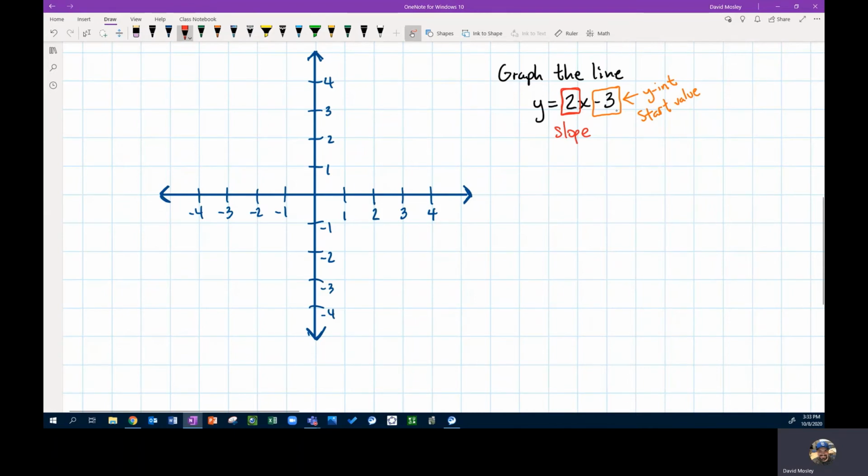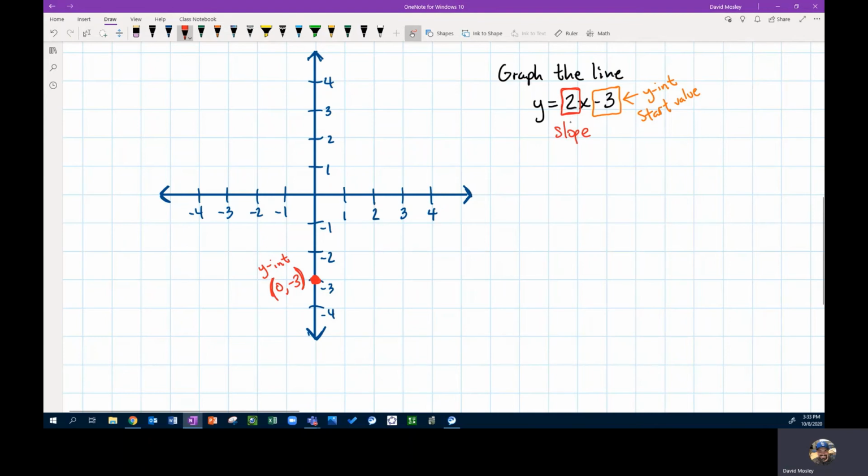So we can pull a starting point out of the equation from -3. It's going to be right here. So this becomes our start value of -3 on the y-axis. We're at (0, -3). It's the y-intercept. The coordinates of the y-intercept: (0, -3).